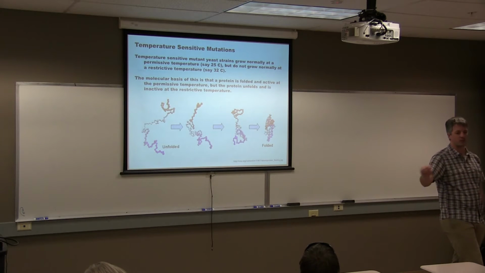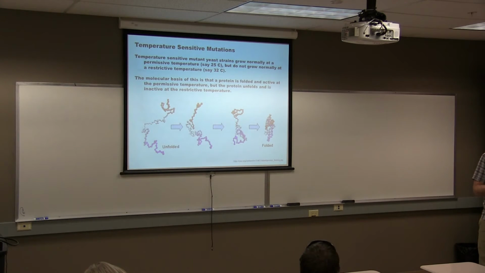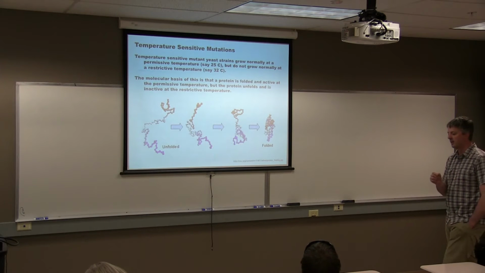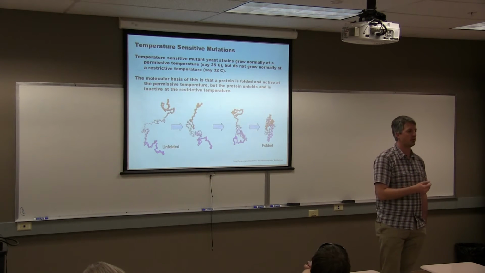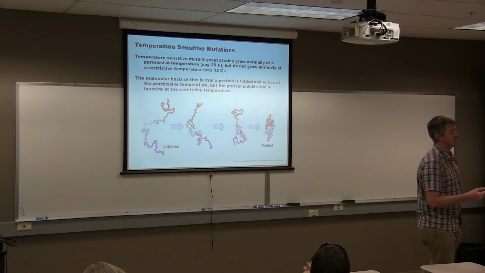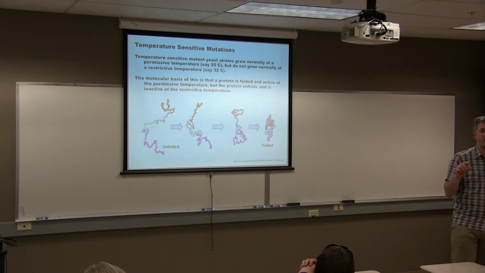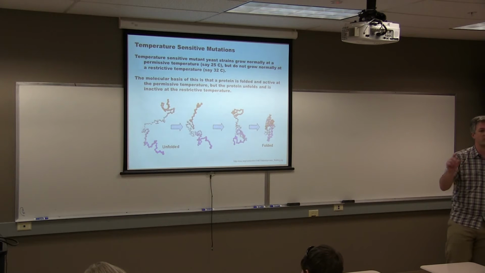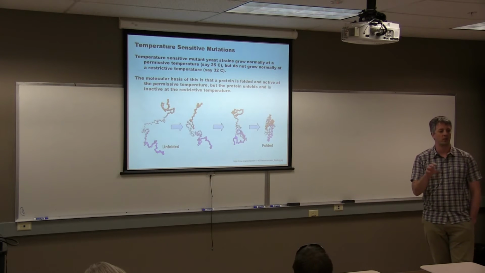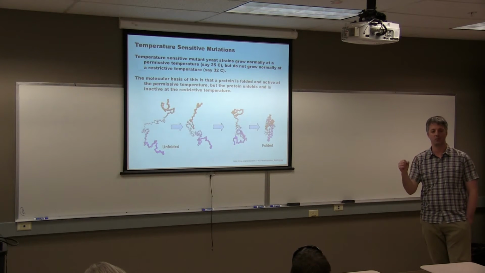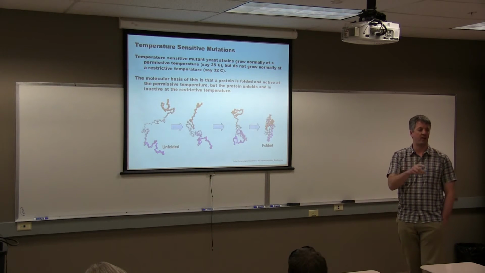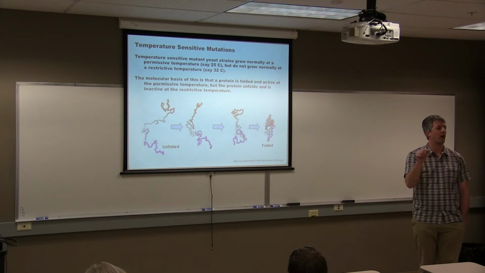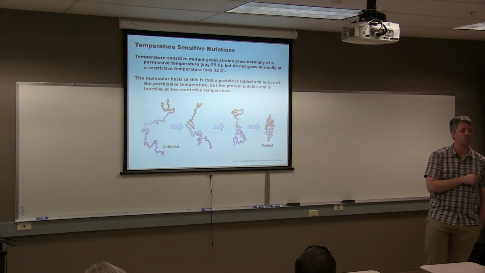Let's take it a little bit further and ask a question. All right, let's say the TS allele mutation that you isolate is such that it affects the interaction with another protein. So your protein of interest that you've got a mutation in, this mutation at the higher temperature doesn't allow it to interact with another protein that's required for its function, right?